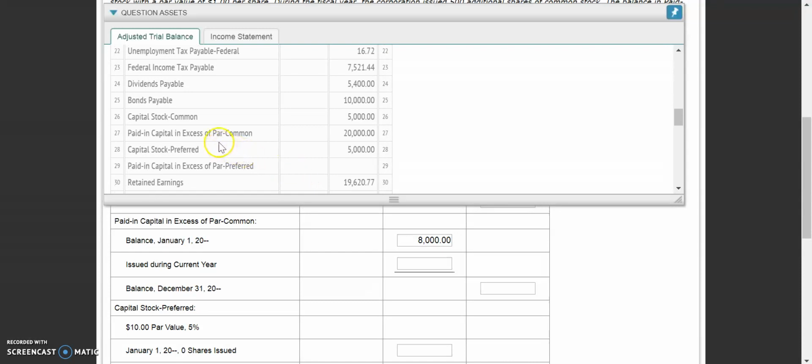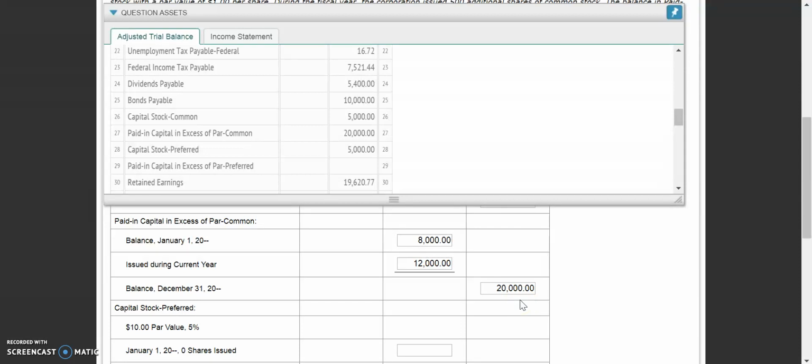Our paid-in capital in excess of par common, remember, is at the end of the fiscal period, so this is our balance as of December 31st of 20XX. So we plug 20,000 in here, which means that we had to have issued 12,000, which is 20 minus 8, to bring our balance current.